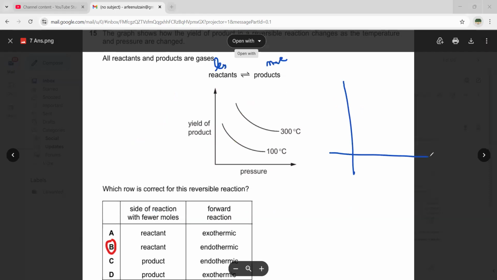If the graph was like this, for pressure and yield, then in that case the product will have fewer moles and the reactant will have more moles. Is it clear?